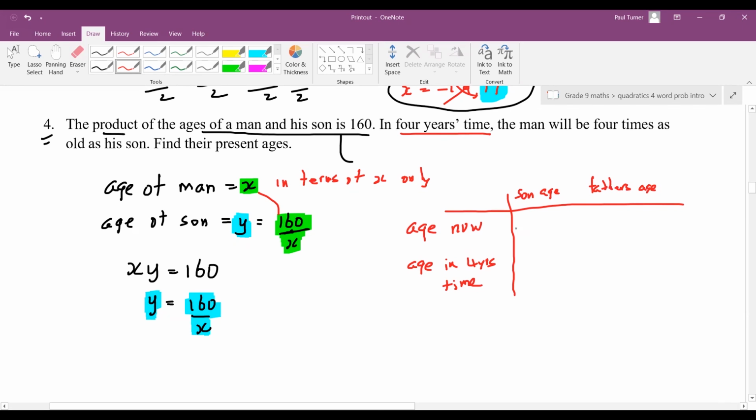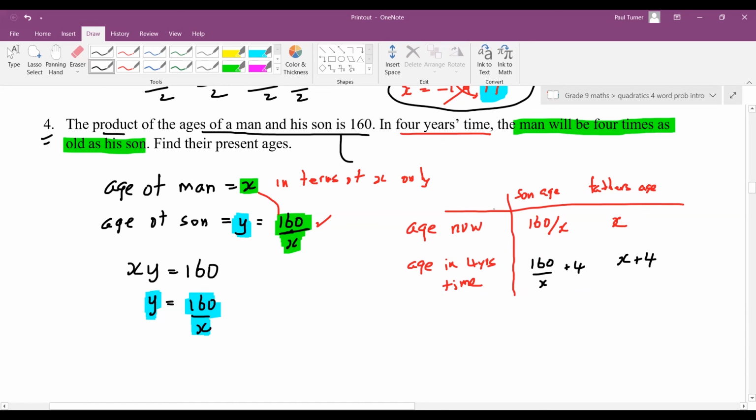Okay, so now this would be 160 on x, which is the age now, and that's the son. The man is x. The father is x, so we put that there. So in 4 years' time, this will be 160 on x plus 4. And the father will be x plus 4, like that.